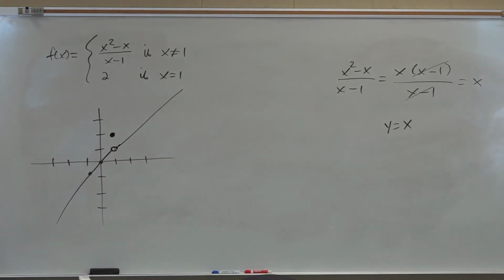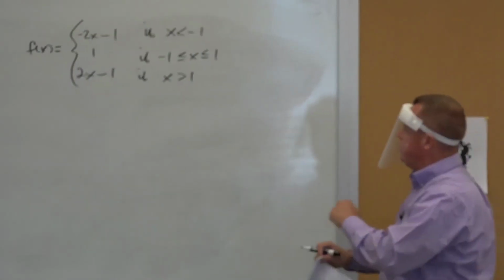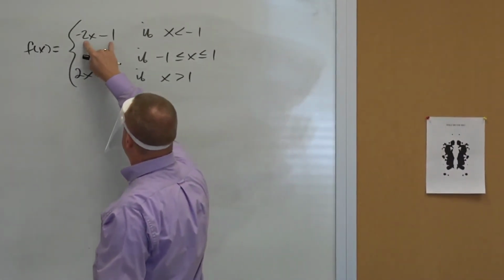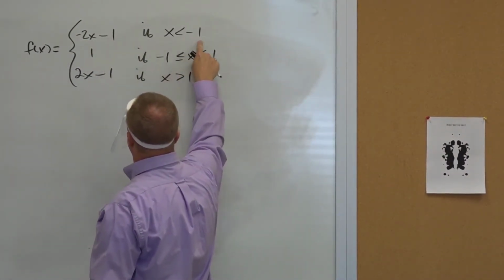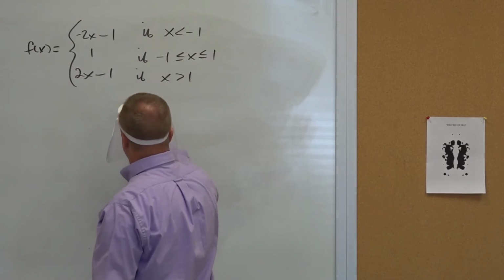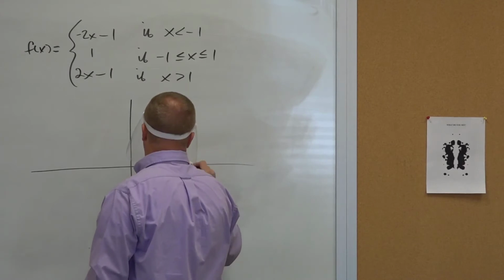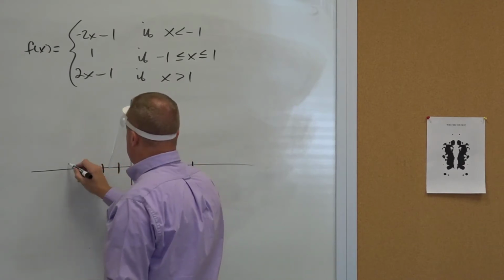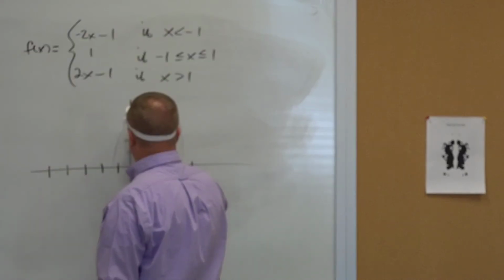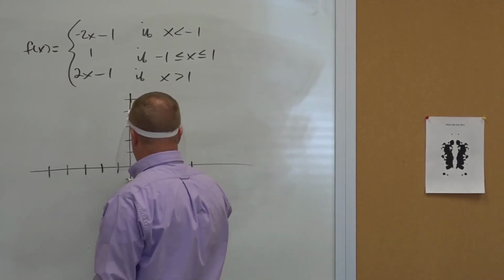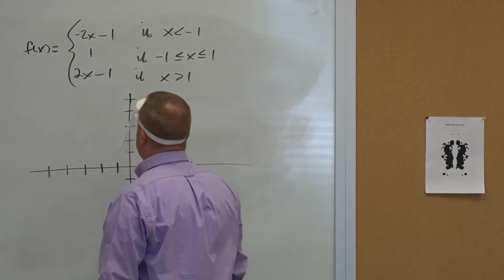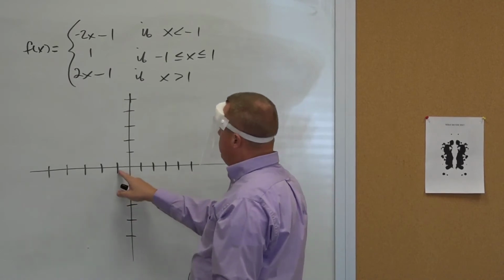Any questions about that? All right, so we graph this one everywhere that x is less than negative 1. Okay, so negative 1 is here.